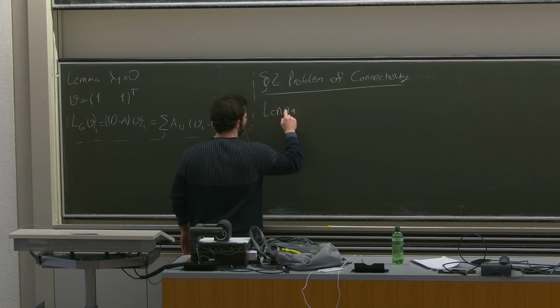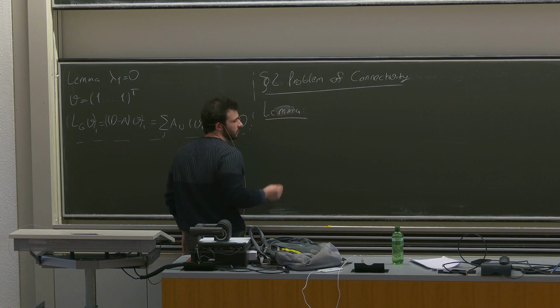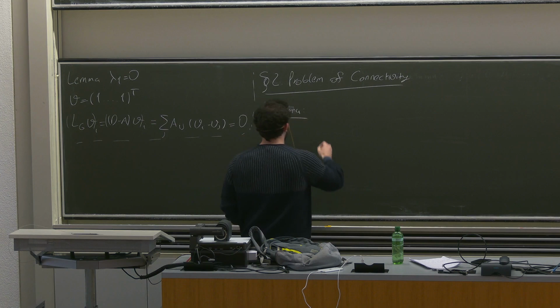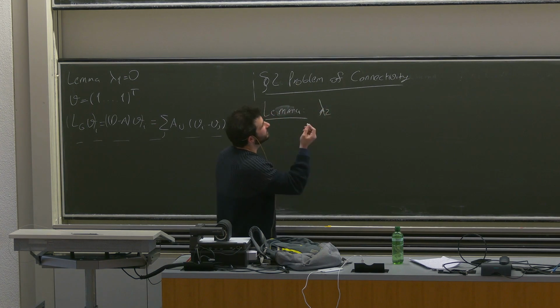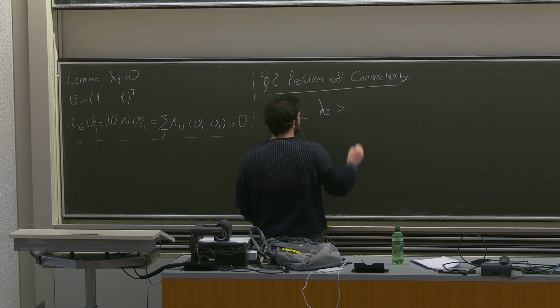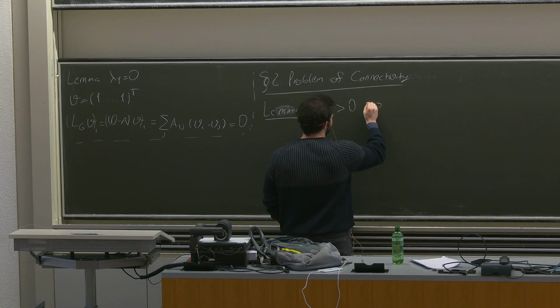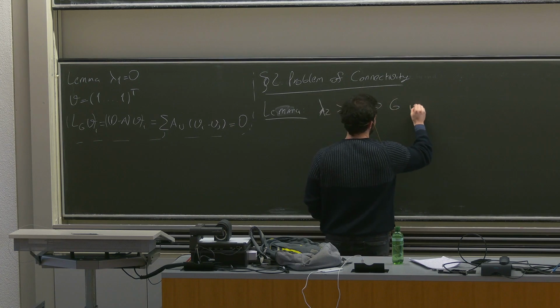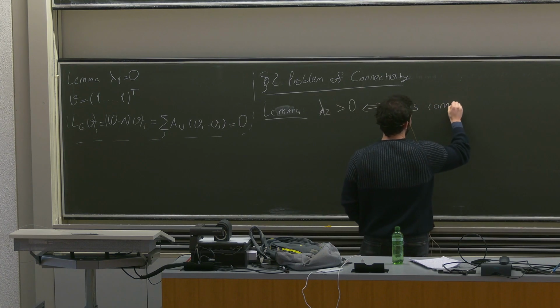Lemma: we have that lambda 2. We proved that lambda 1 is 0, and apparently it turns out that the second smallest eigenvalue actually tells you whether the graph is connected or not. So lambda 2 is strictly larger than 0 if and only if G is connected.